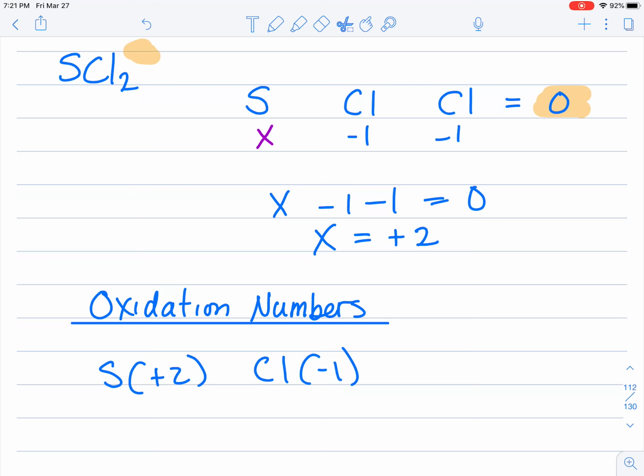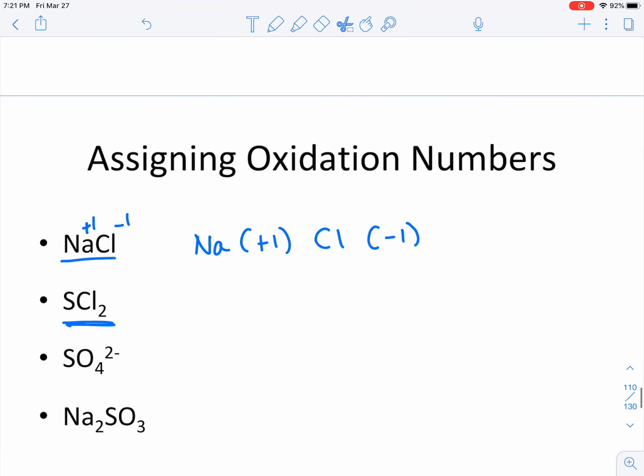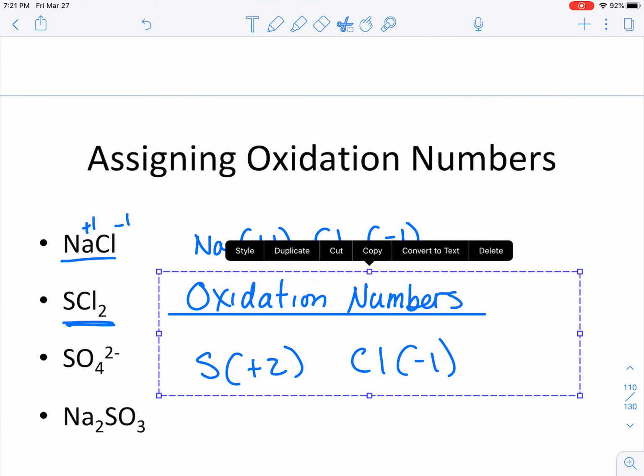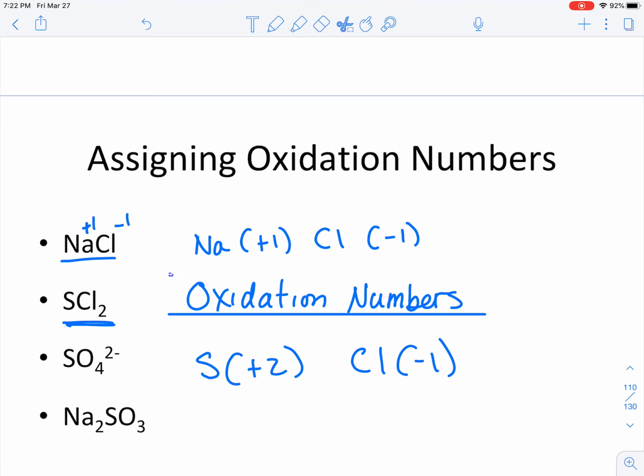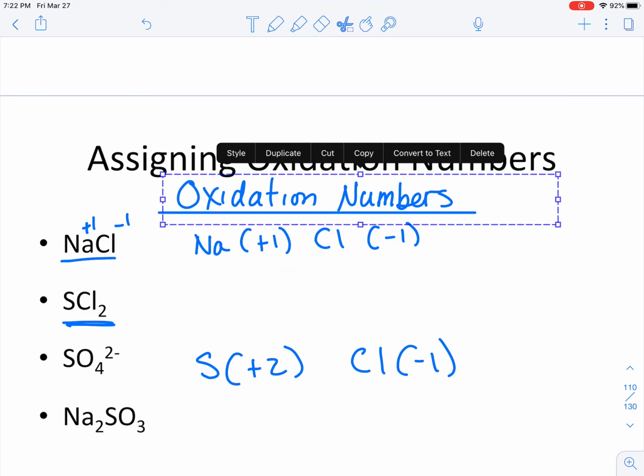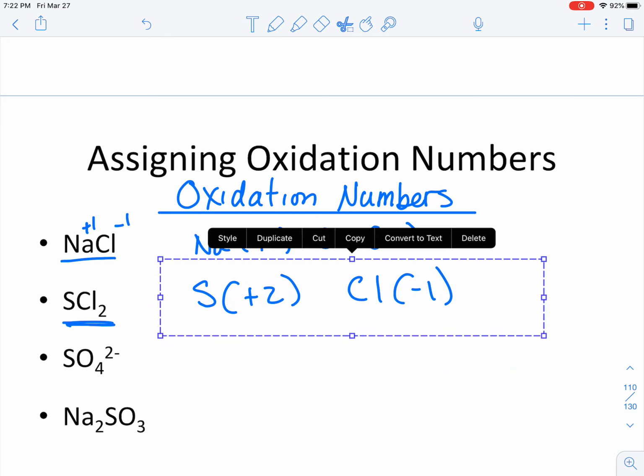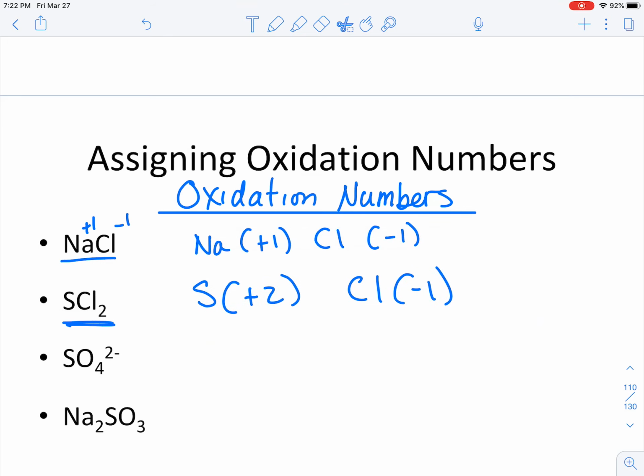All right, so I'm going to copy this and bring this up. All right, so that was our sulfur dichloride. Next up we have sulfate. So this is a polyatomic ion, but we need to know about the elements within it.